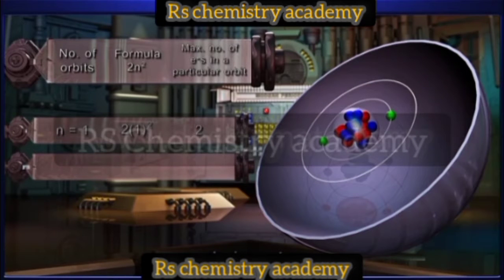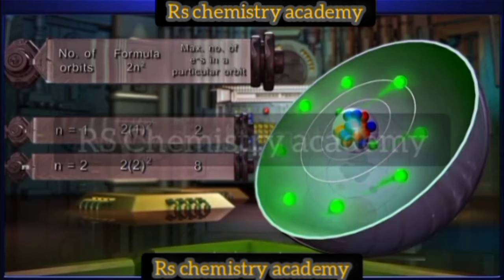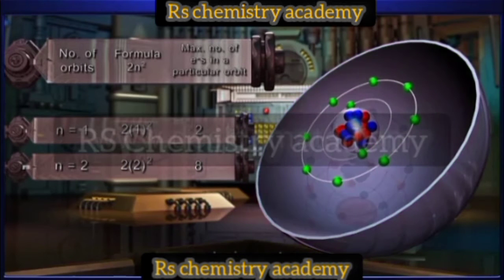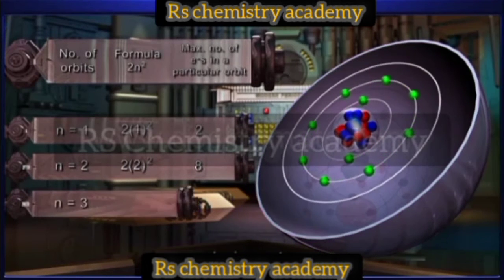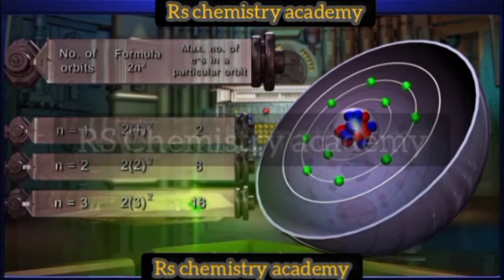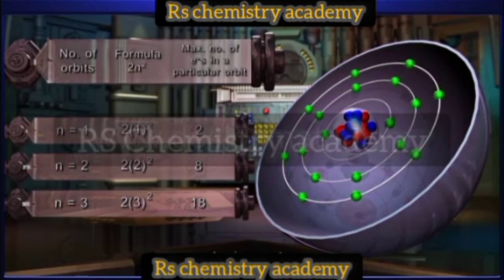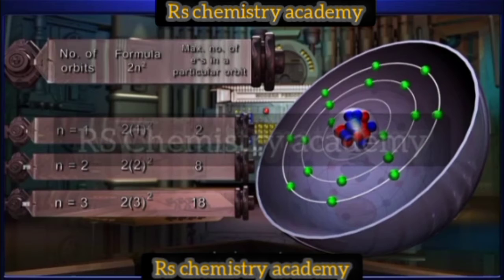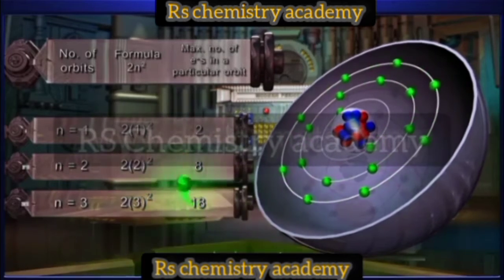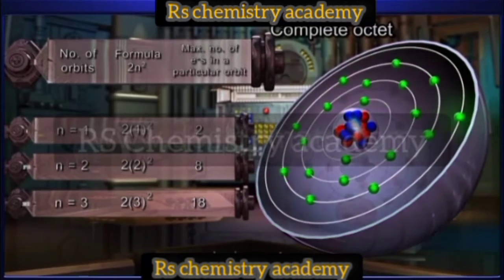If n equals 2, 2 into 2 square equals 8, so 8 electrons are present in the second main shell. For the third main shell, 2 into 3 square means 18, so the third main shell contains 18 electrons. By using this principle, we can calculate the number of electrons in a particular orbit.